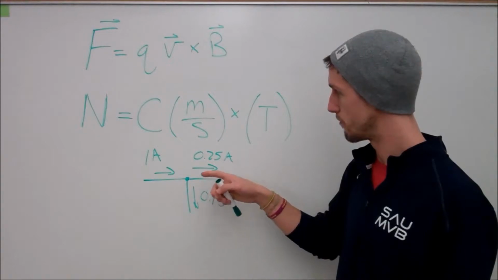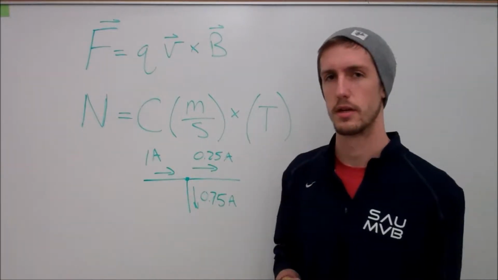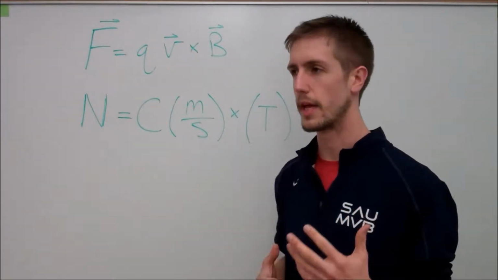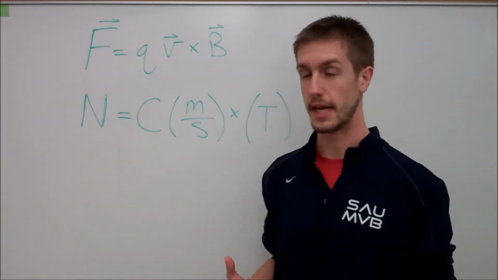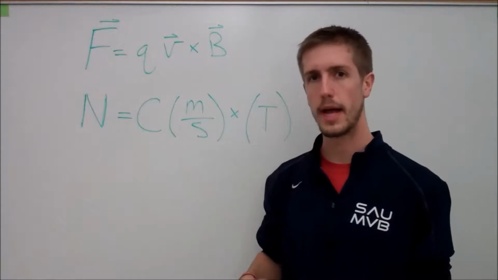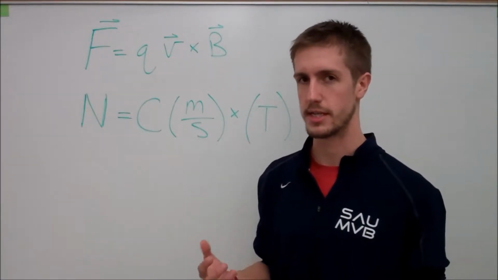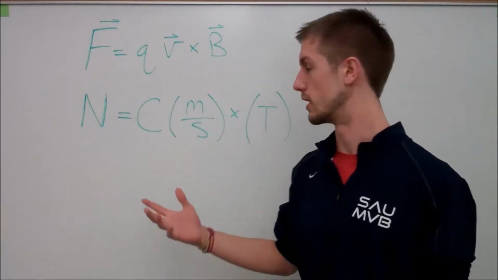So it's counting the number of electrons. If I have 1 electron, I would have 1.6 times 10 to the negative 19th coulombs, or if I had 10 electrons, I'd have 1.6 times 10 to the negative 18th coulombs.